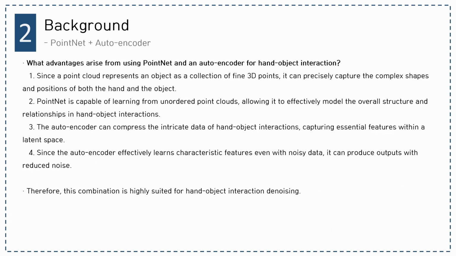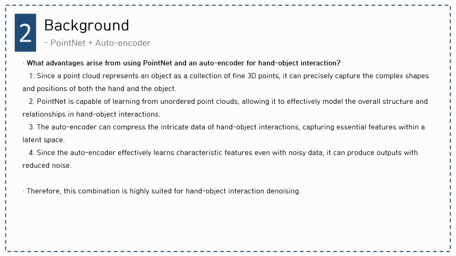Now, what are the advantages of combining autoencoder and PointNet? First, point clouds, represented as a collection of fine 3D points, capture the complex shapes and positions of both the hand and object accurately. Second, PointNet can learn the structure and relationships in hand-object interaction without being order dependent.